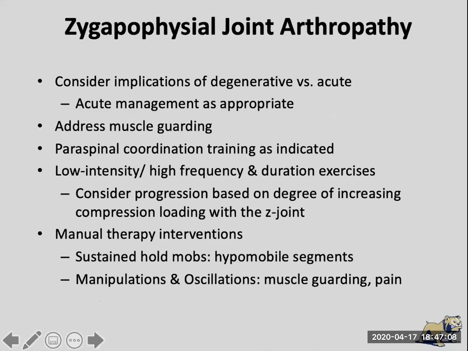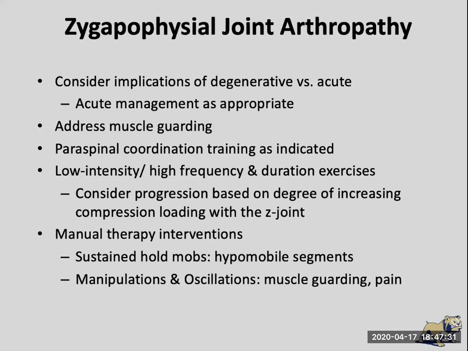Zygapophyseal arthropathy, it's important to consider whether we're talking about a chronic degenerative type presentation or an acute type presentation. If we're talking about an acute presentation, we're going to want to think about general acute management strategies. So if we're still in that inflammatory stage, not wanting to be too aggressive with the area there.